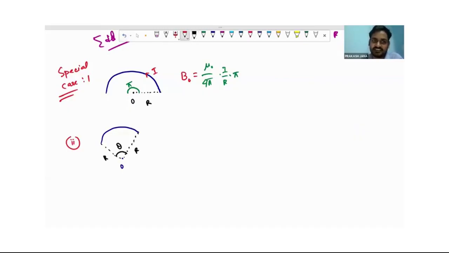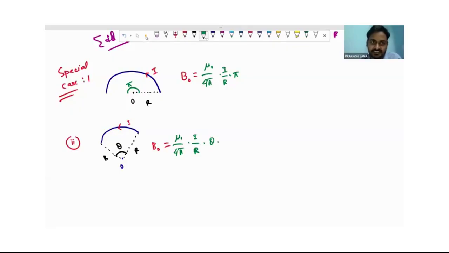Suppose it is theta. Suppose this is the direction of the current. What is the magnetic field at the center produced by this current carrying conductor? It is mu naught by 4 pi I by r, and the angle subtended by the arc at the center, which is theta.